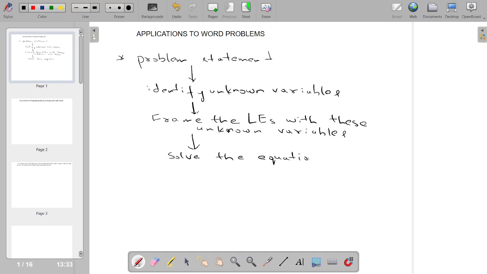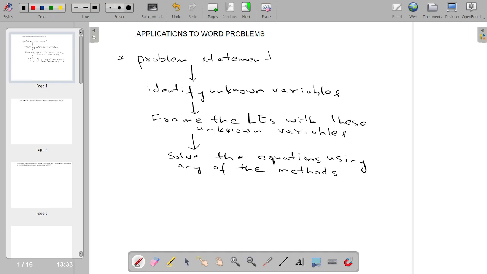Solve the equations using any of the methods. Methods means we know the elimination method, substitution method, and cross multiplication method. You can use any method.